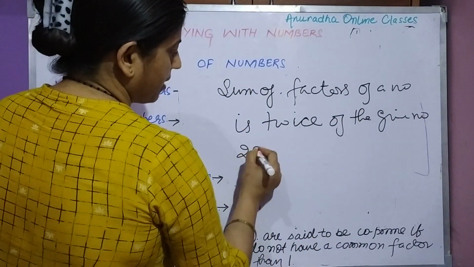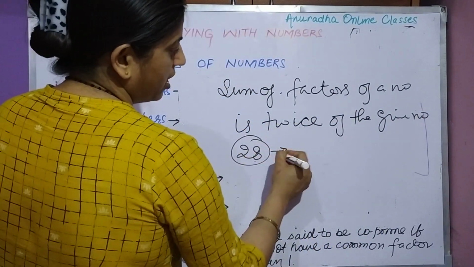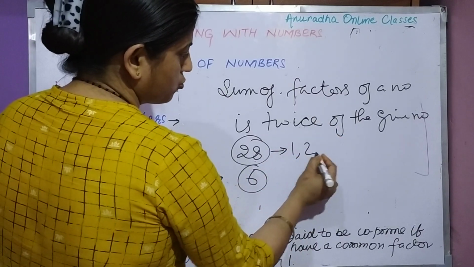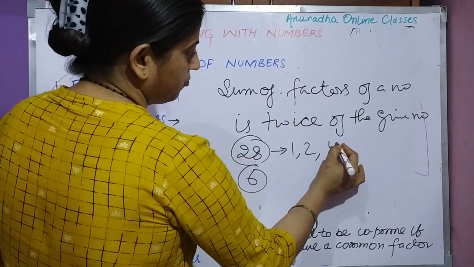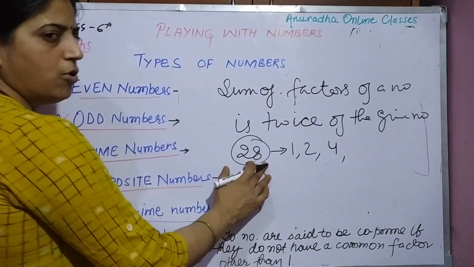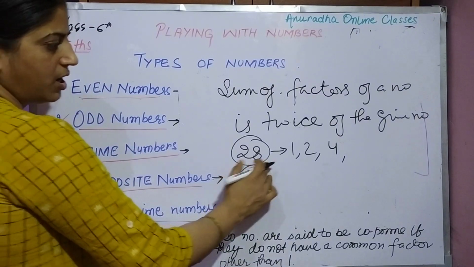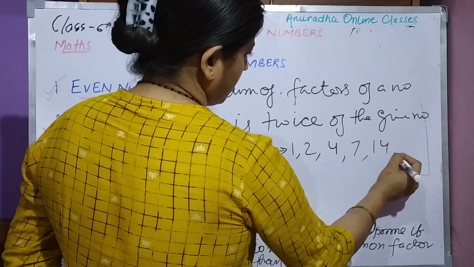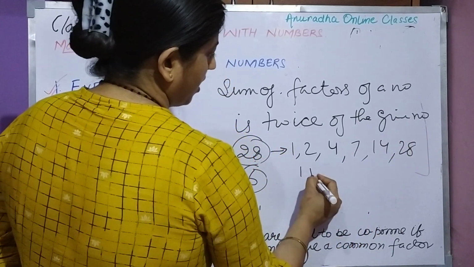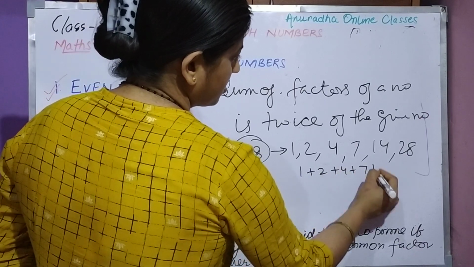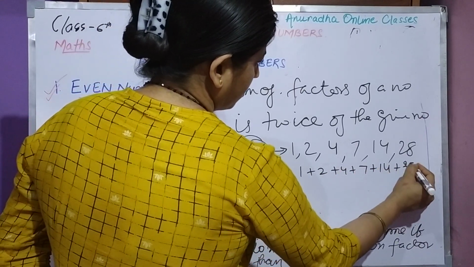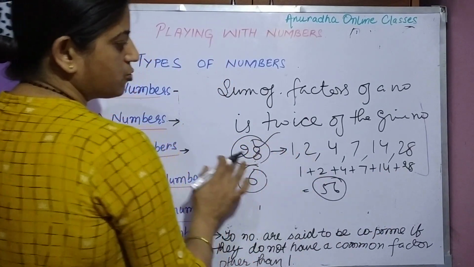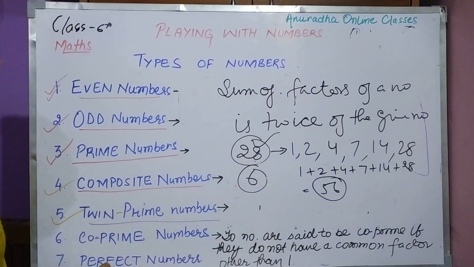Suppose 28, an example I gave you yesterday. 28 के factors: 1, 2, then 3 की टेबल में नहीं आता, 4, 4 7s are 28, 2 14s are 28. So 1 plus 2 plus 4 plus 7 plus 14 plus 28 is 56. 56 is just twice of 28. So this is a perfect number.